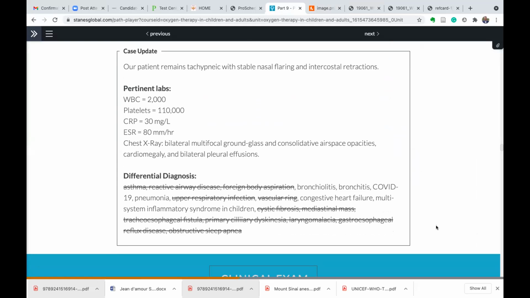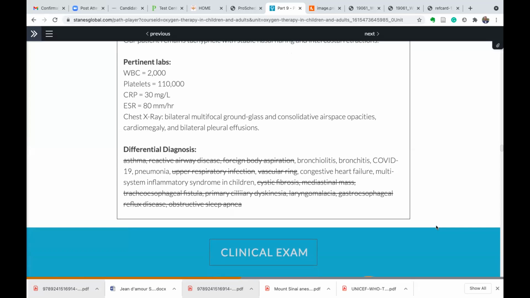So white blood cells 2,000, platelet 110,000, CRP 13 milligram per liter, ESR 80 millimeter per hour, and the chest X-ray shows bilateral multifocal ground glass and consolidative airspace opacities, cardiomegaly, and bilateral pleural effusion. Those are the signs of pneumonia.